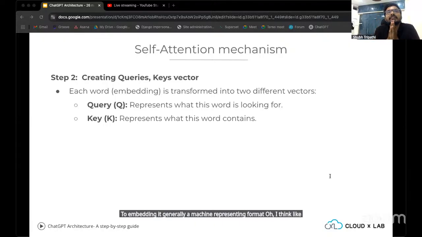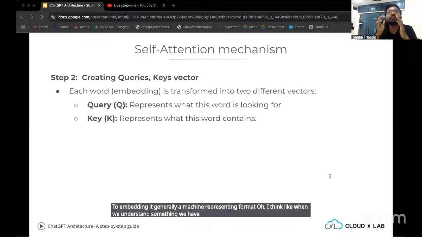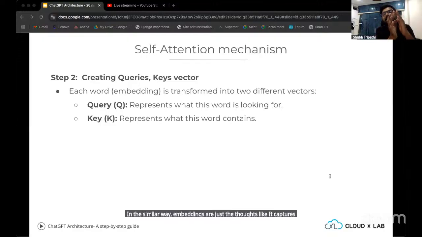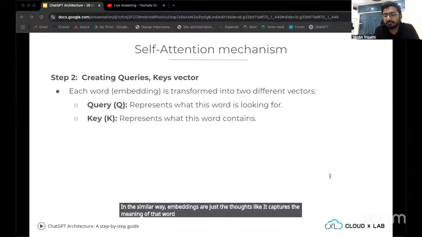When we understand something, we have the understanding in our brain, but we cannot explain exactly how it is in our brain. So we use language to communicate our thoughts to another person. In a similar way, embeddings are just the thoughts. They capture the meaning of that word in machine learning format.